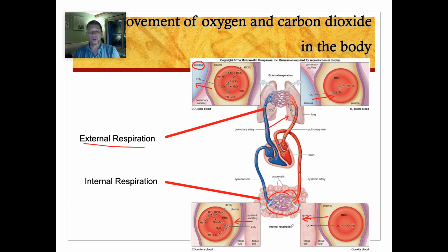So you can see the two different types of respiration. External occurs in the lungs, where oxygen moves from the alveoli to the blood, and carbon dioxide moves from the blood to the alveoli. And internal respiration, where oxygen moves from the blood to the tissues, and carbon dioxide moves from the tissues to the blood.